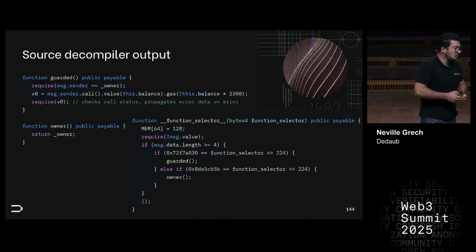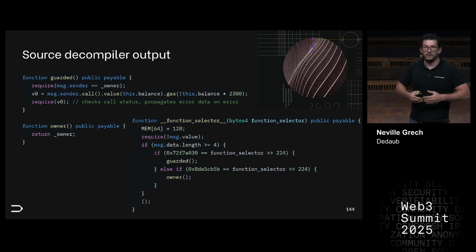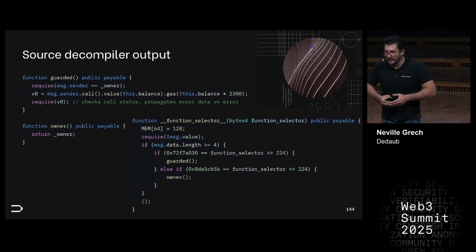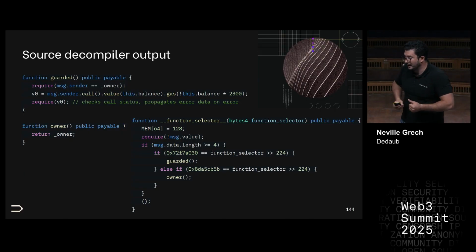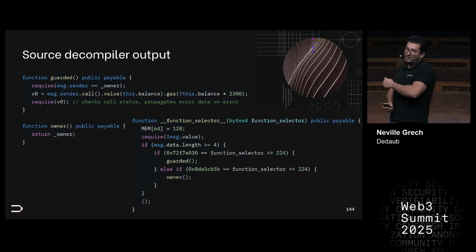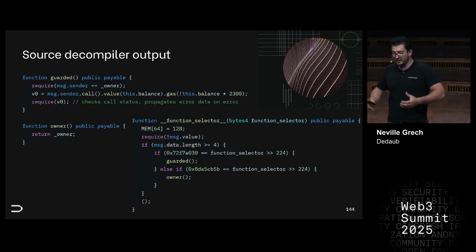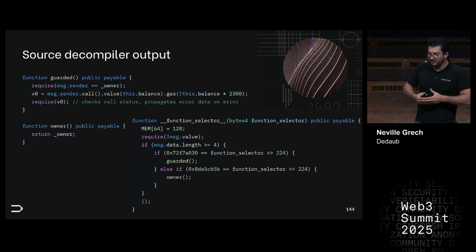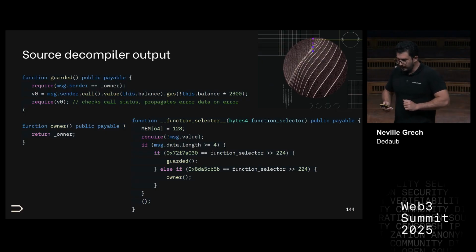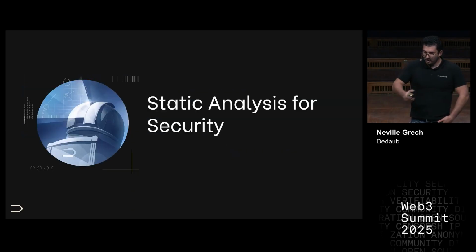Some people do it to reverse engineer their competitor strategies. Some people do it because they're doing forensics, on-chain forensics, for instance. We do it also for security analysis. Okay, so at this level of representation, you get even more. You get complex expressions, you get function names, and there's less low-level code at this level.